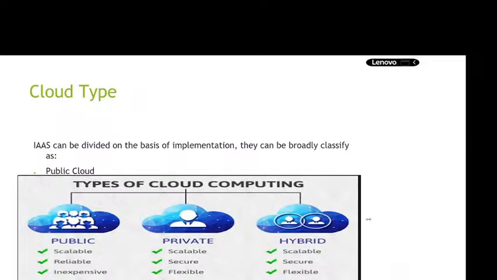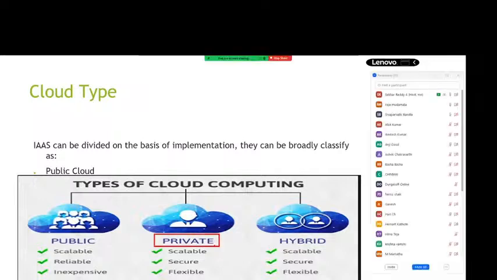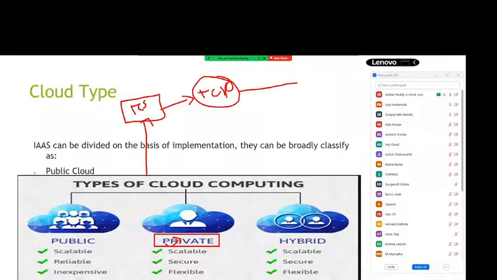That is about public cloud. Private means access within the organization. The resources that can be accessed within the corporate network are called private. For example, you are working in TCS. We go to the office and connect to the TCS-provided VPN, virtual private network.